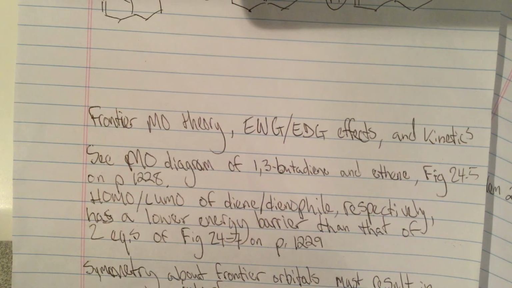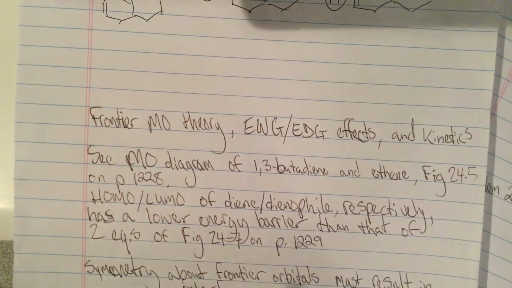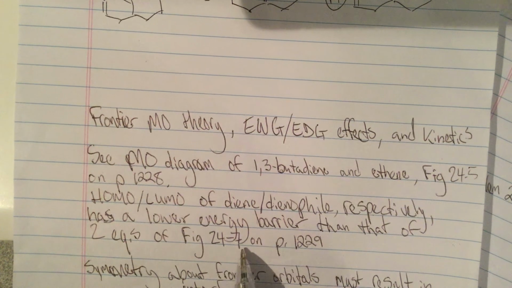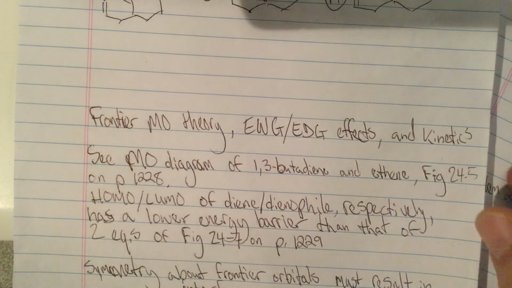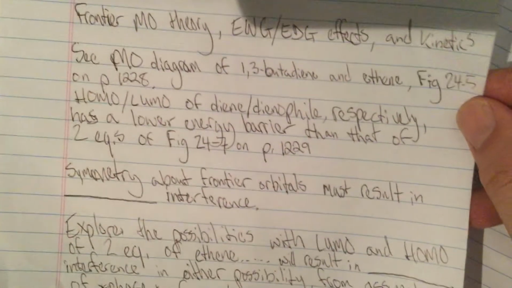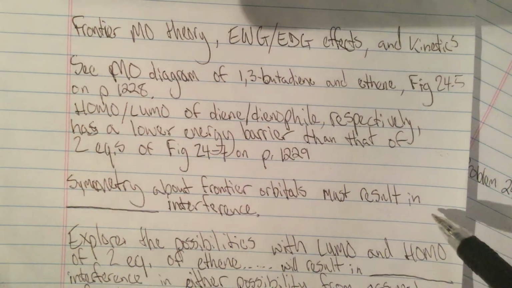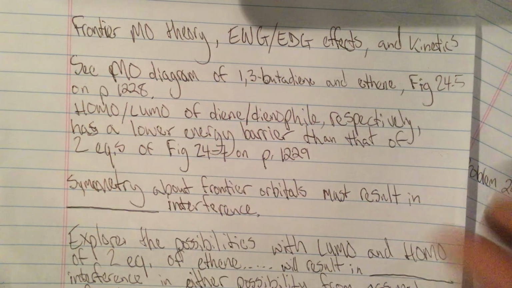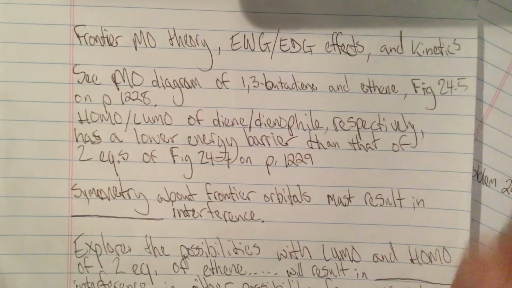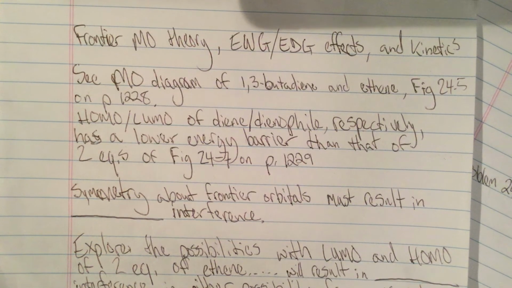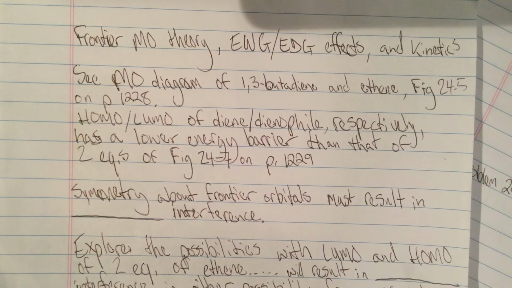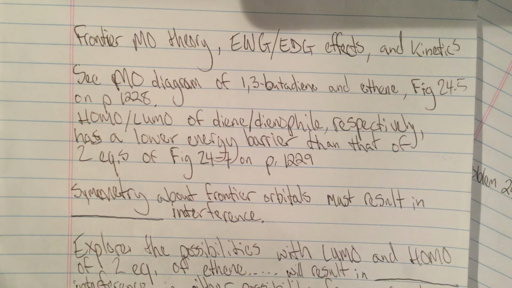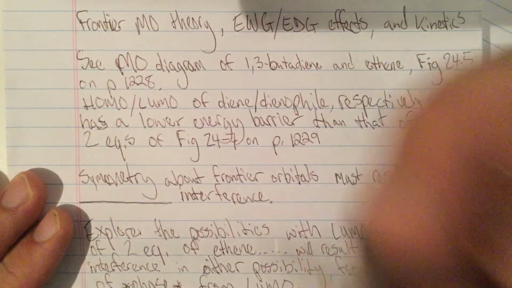Okay, so you can look at that lower energy barrier on figure 24.7 on page 1229, so just on the next page. Okay, so the symmetry of frontier orbitals must result in what kind of interference? Constructive interference, right? Because if you have destructive interference, or effectively a nodal plane in between, you're not going to establish any bond overlap or electron overlap, if you will.